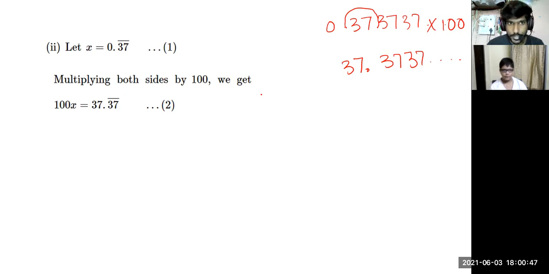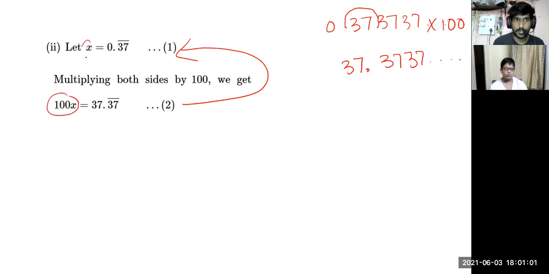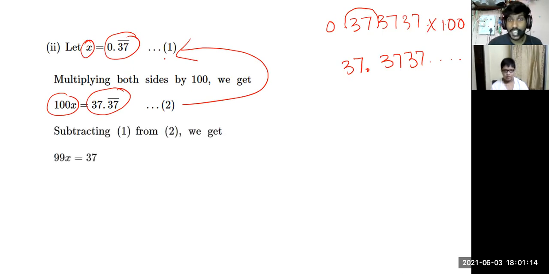Did you understand up to here? Yes, sir. Okay, next you have to subtract. So subtract this from this. Right hand side with the right hand side, left hand side with the left hand side. So 100x minus x, 37.37 recurring minus 0.37 recurring. What will be the answer? 99x is equal to 37. Correct?